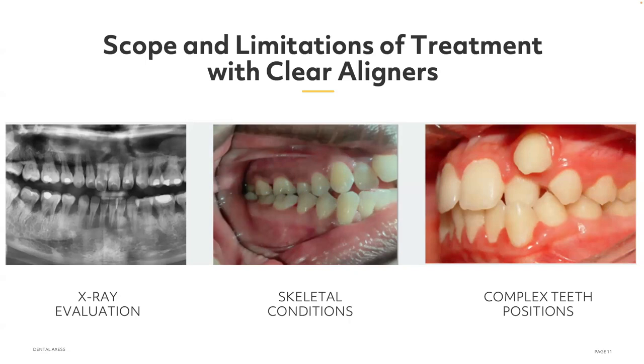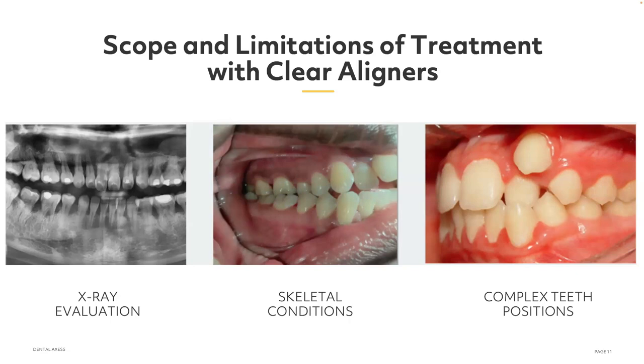On the skeletal condition, it's the same for any orthodontic therapy. We need to see if brackets and wires and also aligners can move the teeth. They cannot change the skeletal part of the patient. This needs to be changed with surgery.